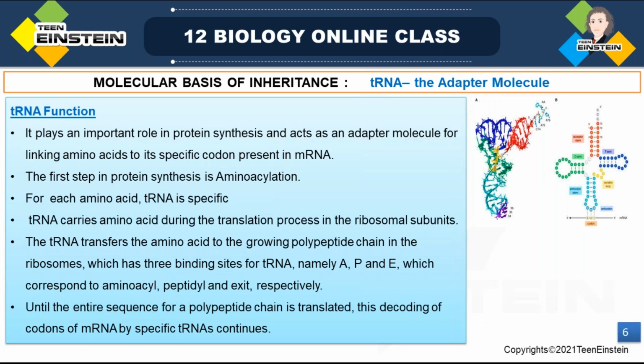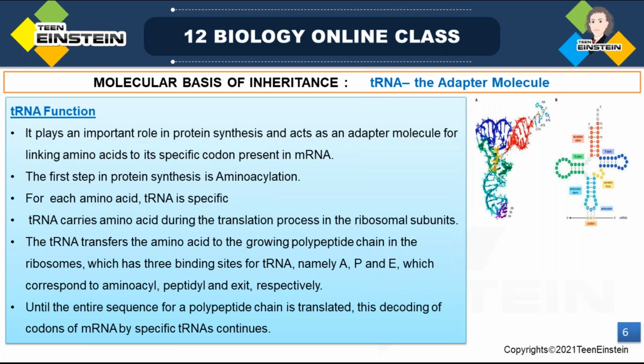To the ribosomal subunits. So the tRNA carries the amino acid during the translation process to the ribosomal subunits. Got it?